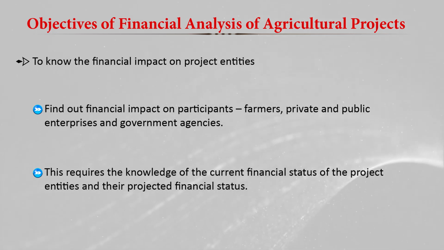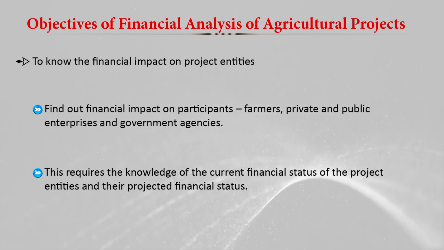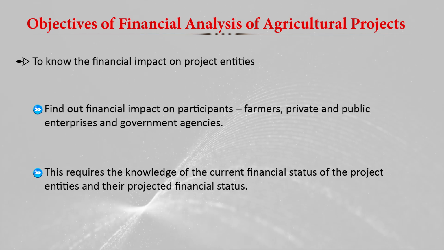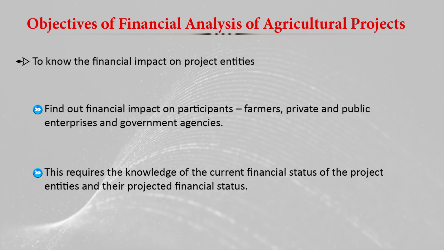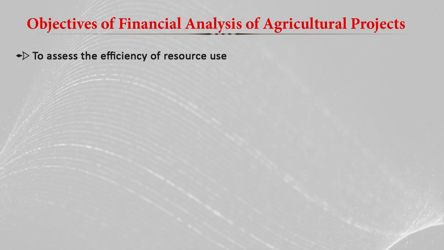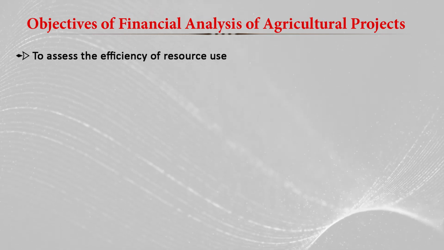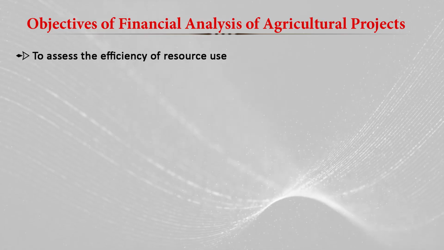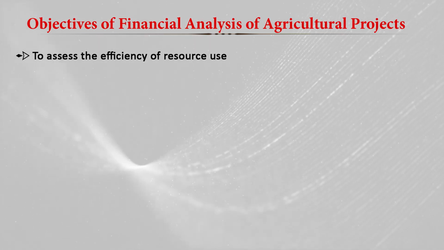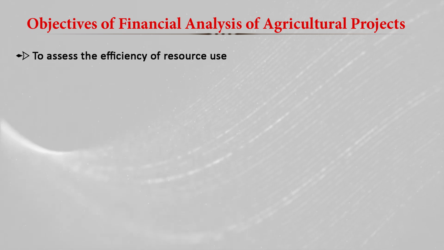So what is the current situation, and after implementing the project, what will be the financial status of this project entity, that is the farmers, private and public enterprises or the government agency. The next objective we have is to assess the efficiency of resource use. We use different resources, and our objective is to have efficient resource use.